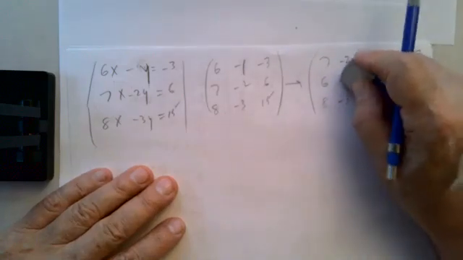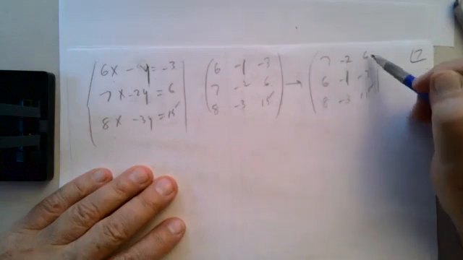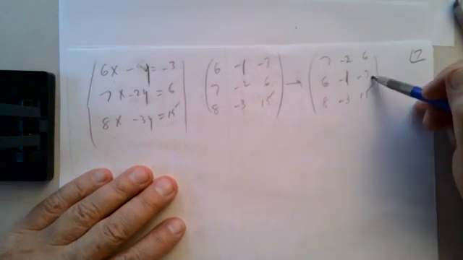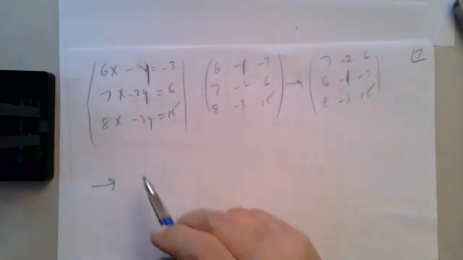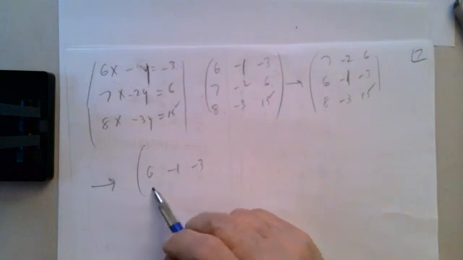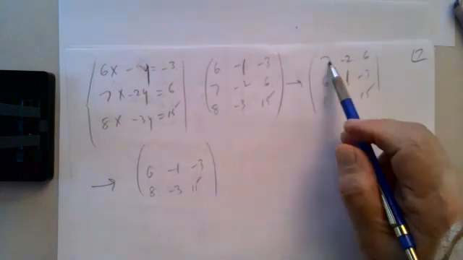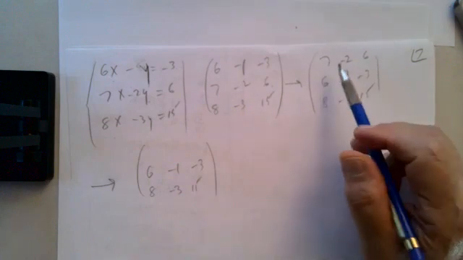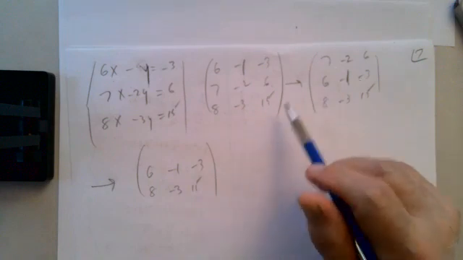So I'm going to interchange these rows. So I have 7 minus 2, 6, 6 minus 1 minus 3, 8 minus 3, 15. Then I leave the second row and the third row alone for the moment. But I take the first row and I subtract the second row. So that's the first row plus minus 1 times the second row.